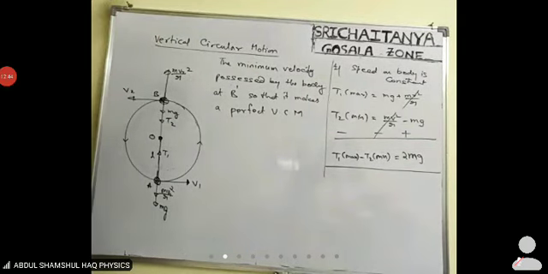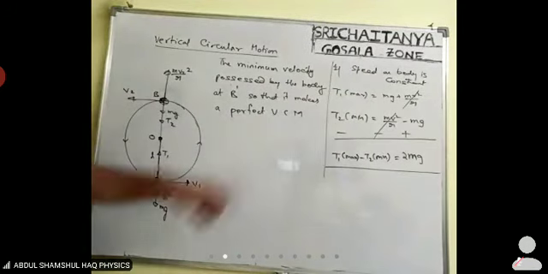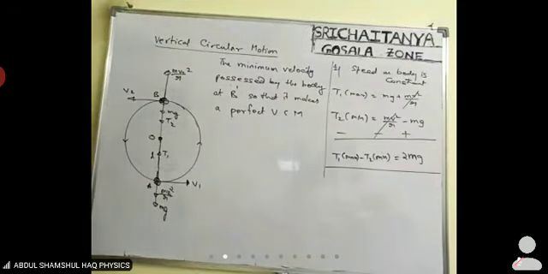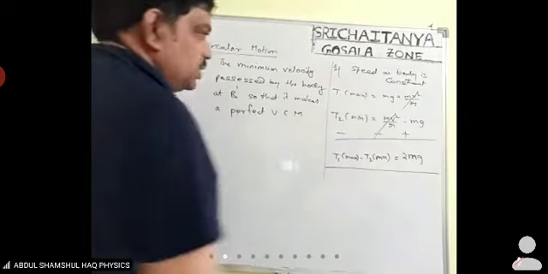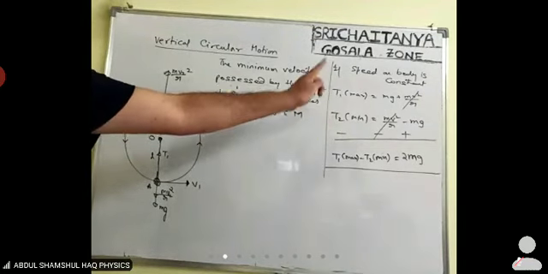Okay, this is the best I can keep it now. Now speed is constant. If the speed is constant, then only we can say T1 max minus T2 min will be equal to 2 mg. But this is only in the case of a uniform circular motion.